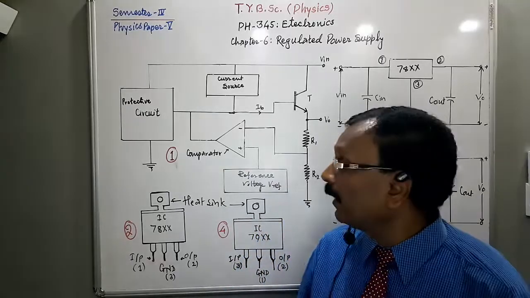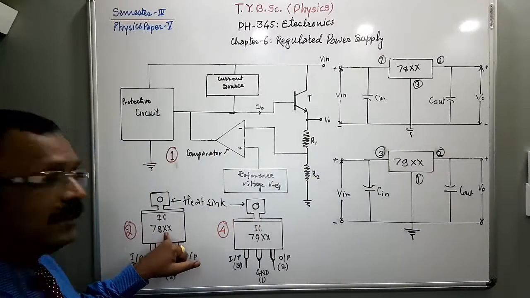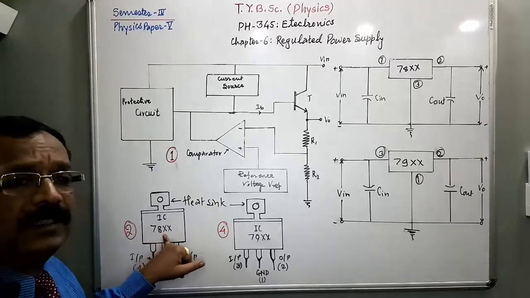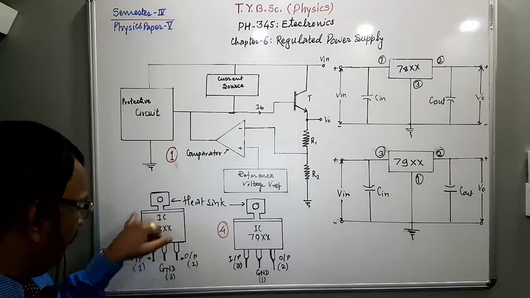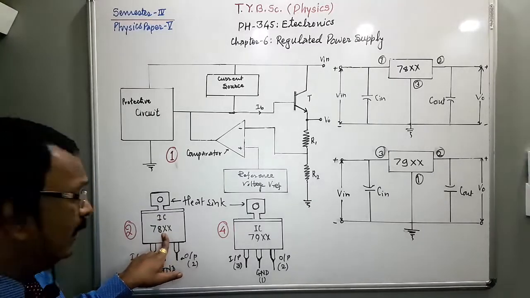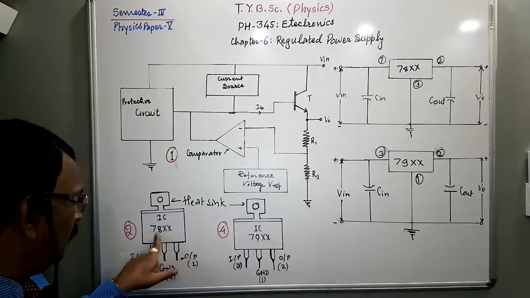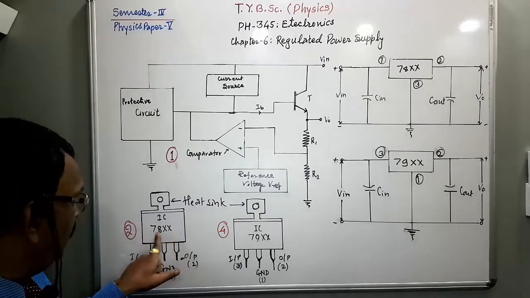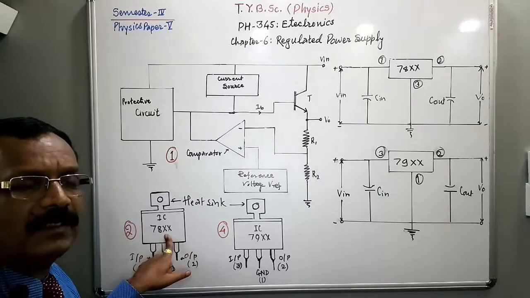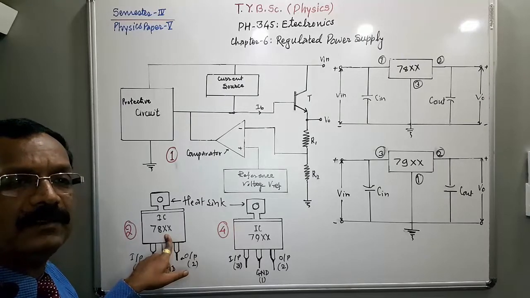The IC is 78XX, with XX after the prefix 78. What do the two digits after 78 represent?